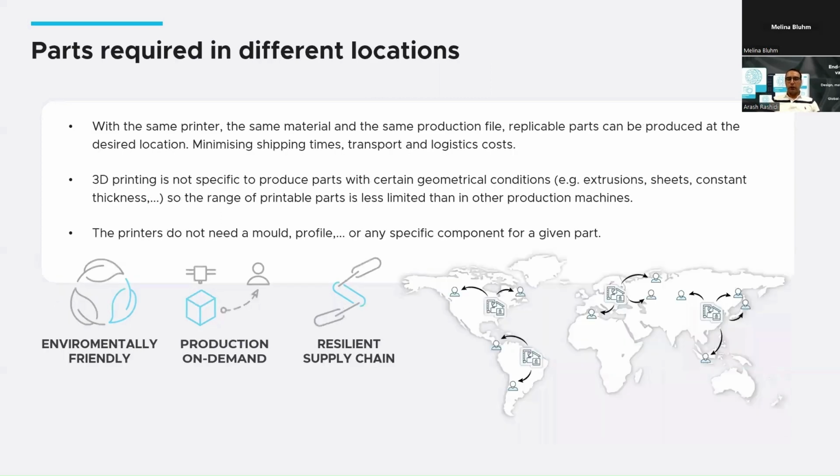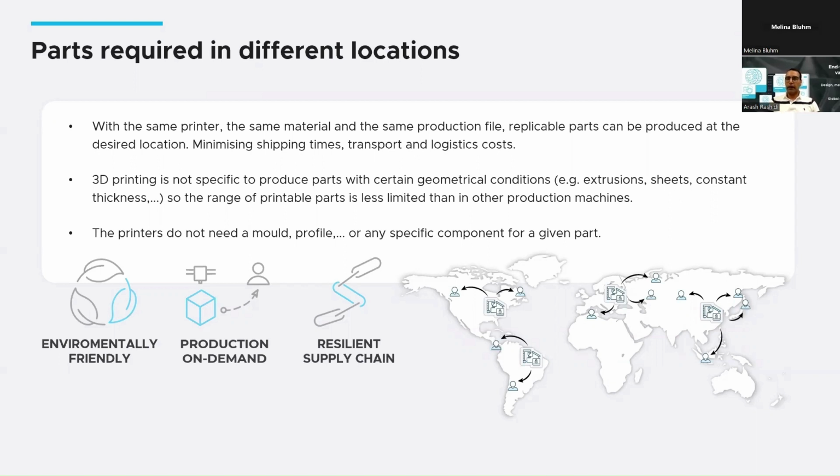The second topic is, of course, production in multiple locations. The good news is that if you have the same printer, same material, and same production part, you can have your parts produced at different locations in a replicable way.